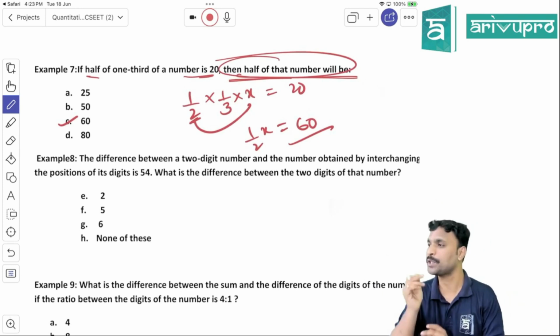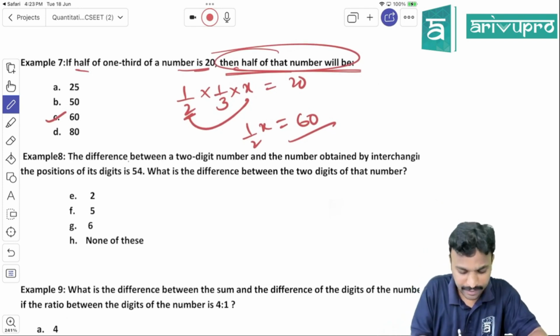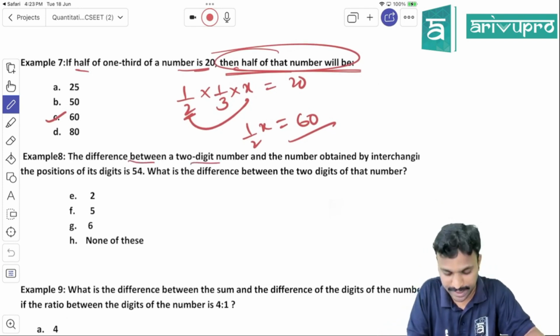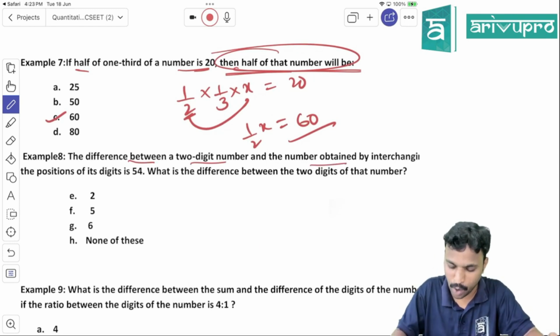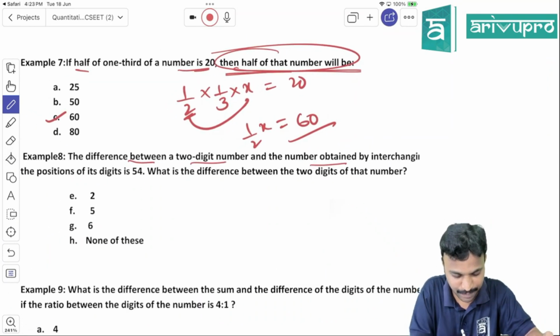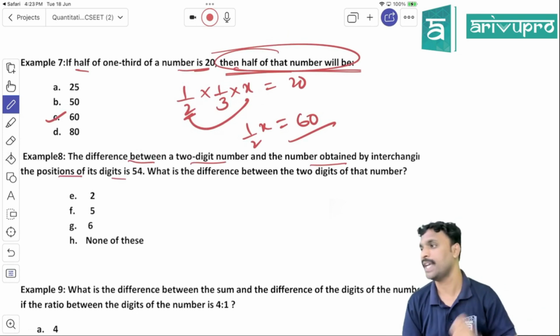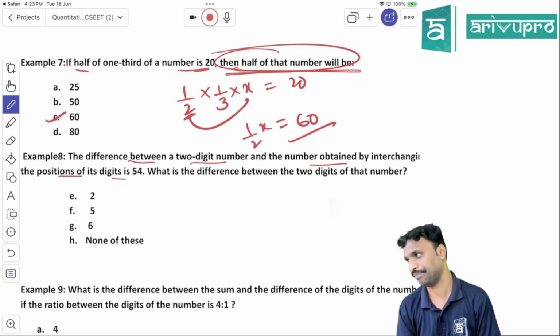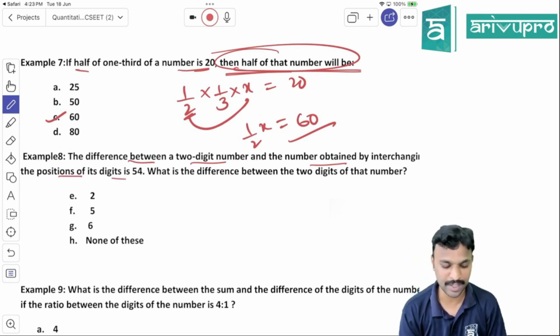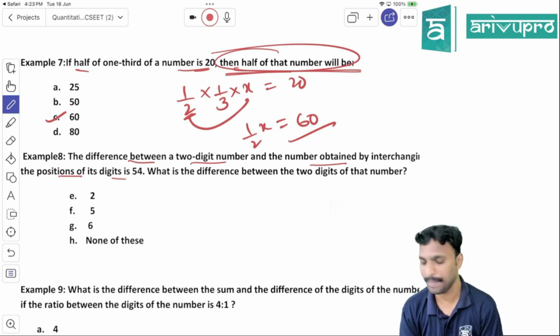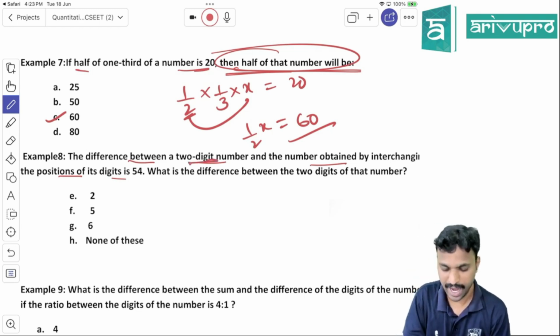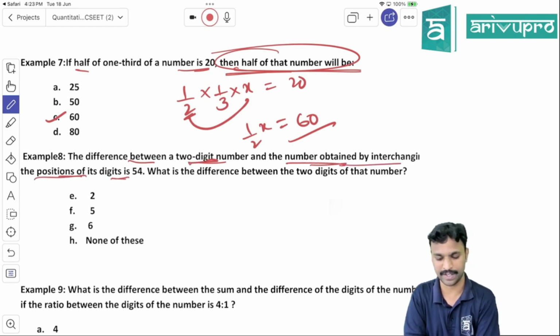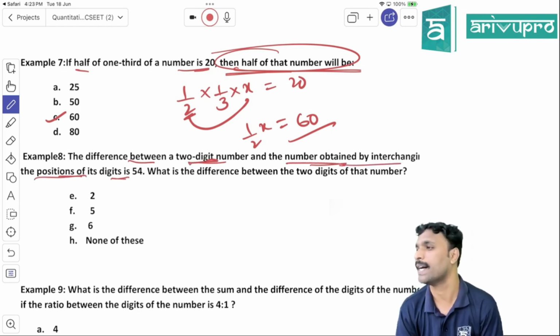Okay, next question. The difference between a 2-digit number and the number obtained by interchanging the positions of its digits is 54.